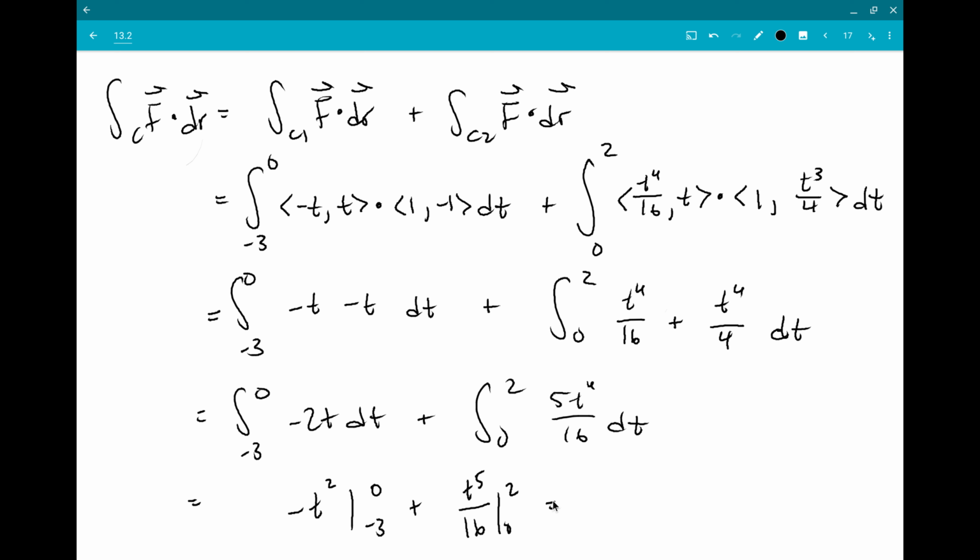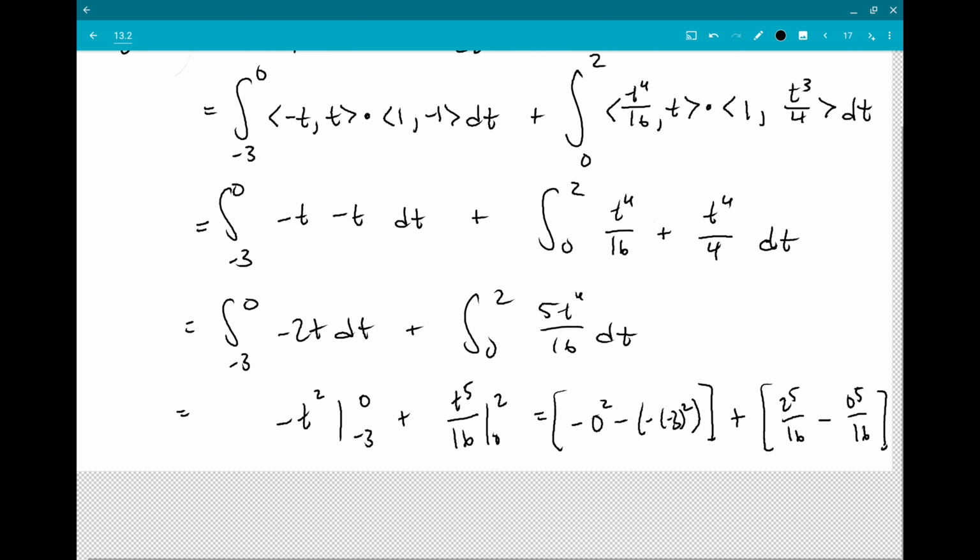And so I'm going to get minus, we're going to do the two parts separately, minus 0 squared minus negative 3 squared plus 2 to the fifth over 16 minus 0 to the fifth over 16.